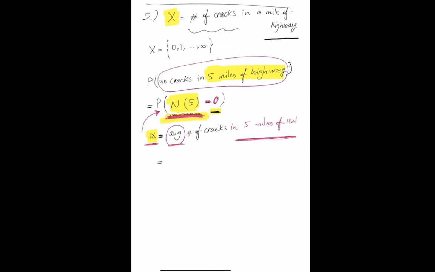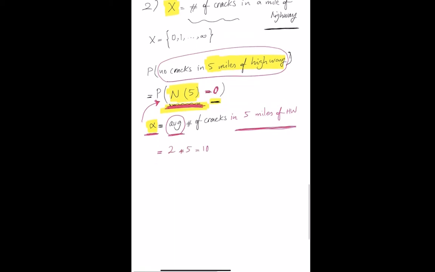And from the question, I know that the random variable has a Poisson distribution with a mean of 2 cracks per mile. So if I have 2 cracks per mile in 5 miles of the highway, I have 2 multiplied by 5, 10 cracks in 5 miles of the highway. So on average in 5 miles of the highway, I have 10 cracks.